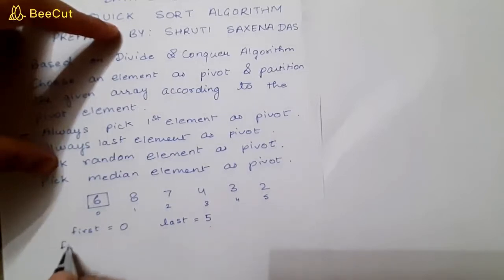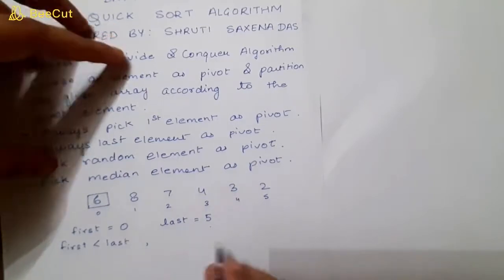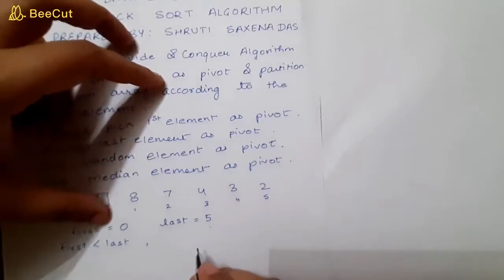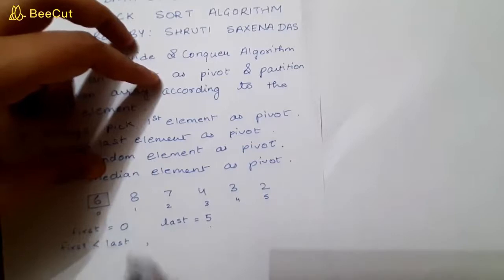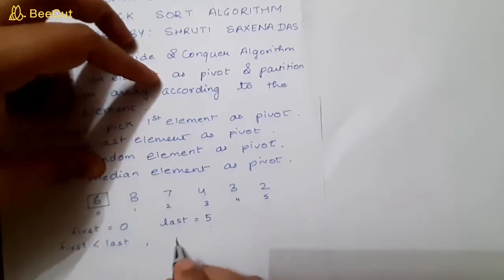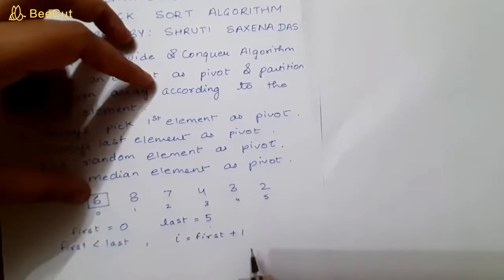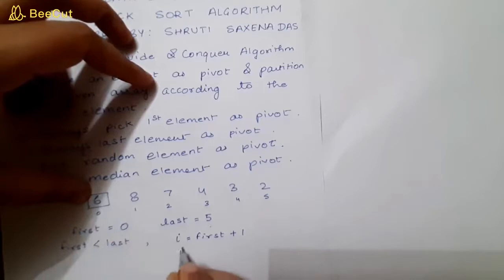So if first is less than last, I am going to perform partitioning. For partitioning, the first thing is that I'll take one variable i, which will be first plus 1. In this case first is 0, so the value of i will be 1: 0 plus 1 is 1.